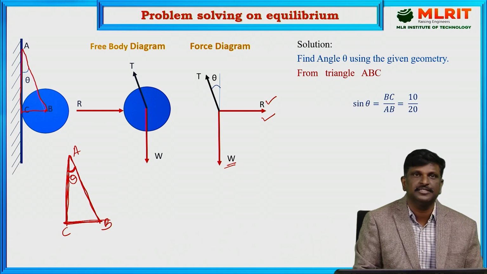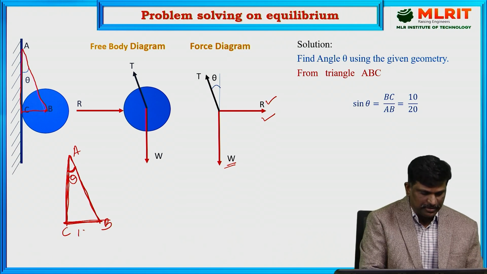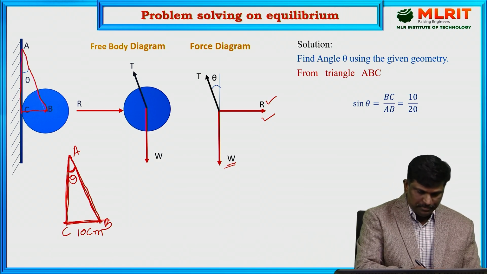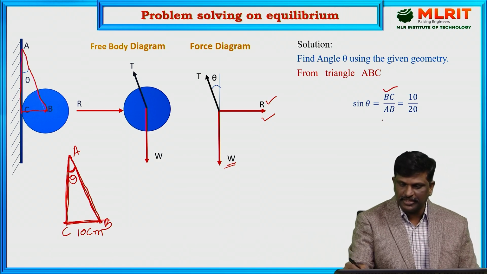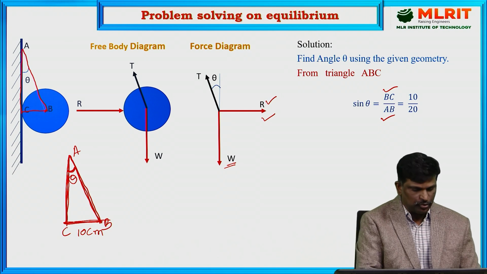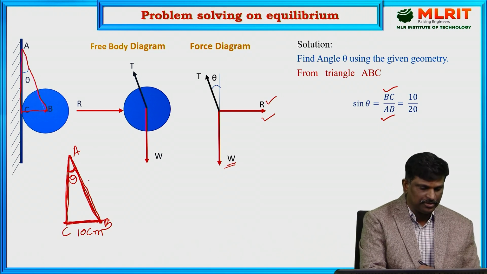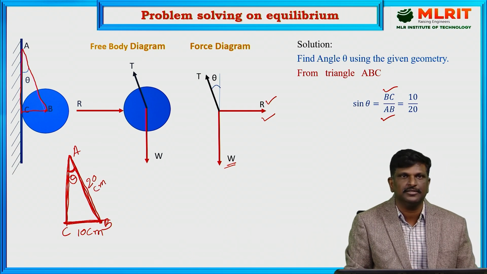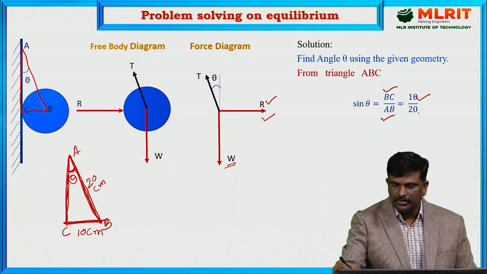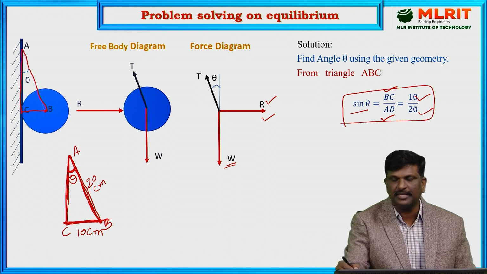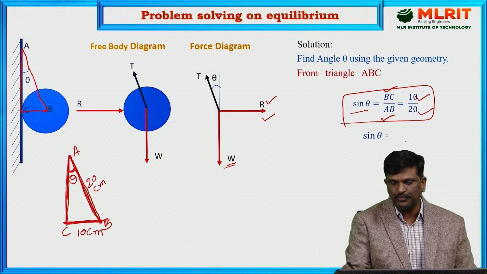Opposite side is BC, which is already known to us, which is nothing but our radius 10 centimeters, and hypotenuse AB is the length of the cord or string, which is given as 20 centimeters in this problem. Now, sin theta is equal to BC by AB, 10 by 20, which is equal to 0.5.